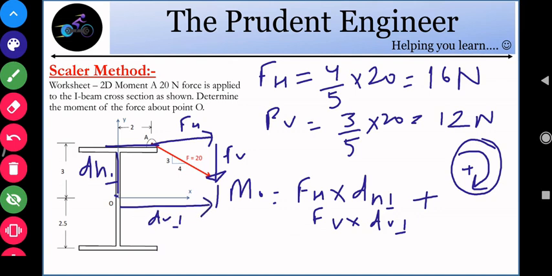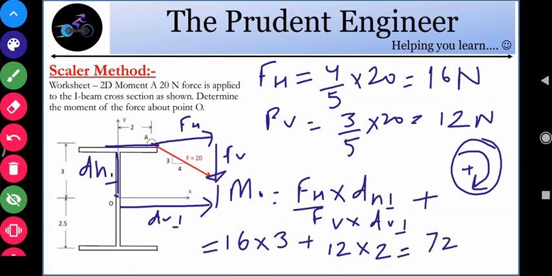That is FH is 16 times DH perpendicular which is 3, plus FV is 12 times DV perpendicular which is 2. That will be 72 newton meters in the clockwise direction.